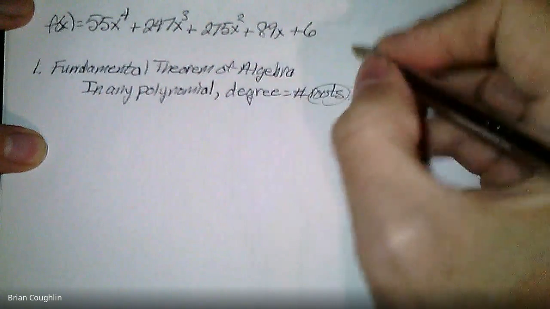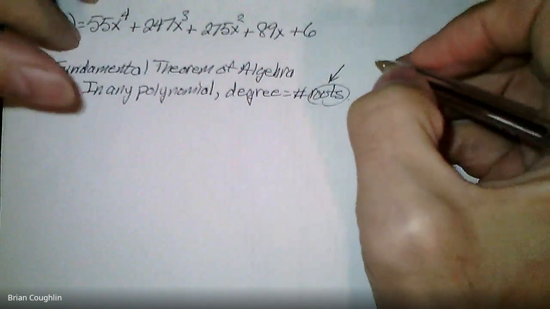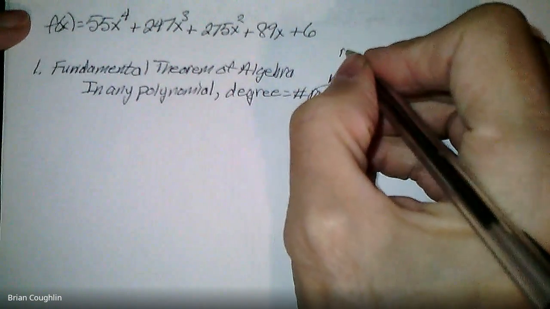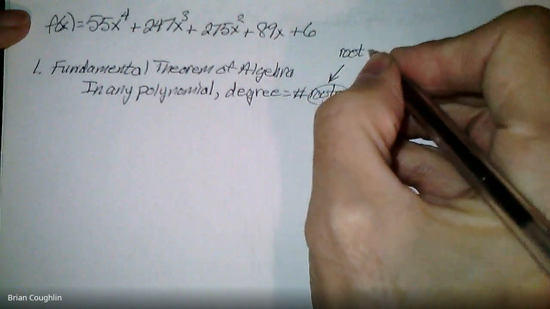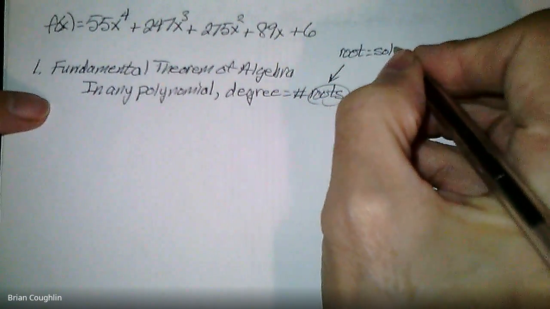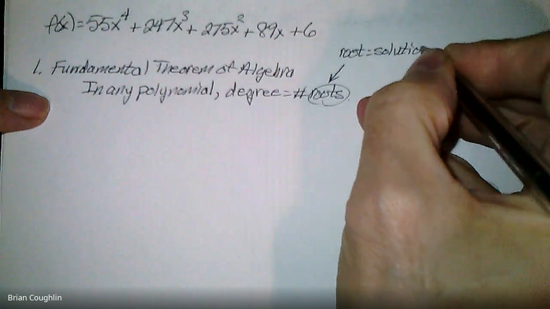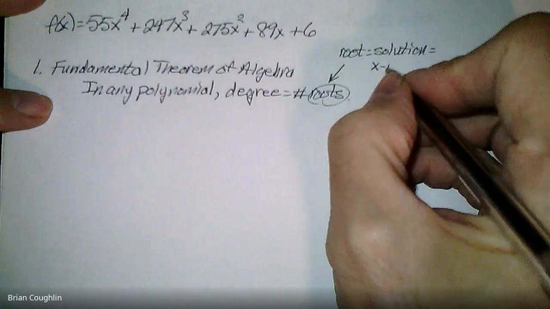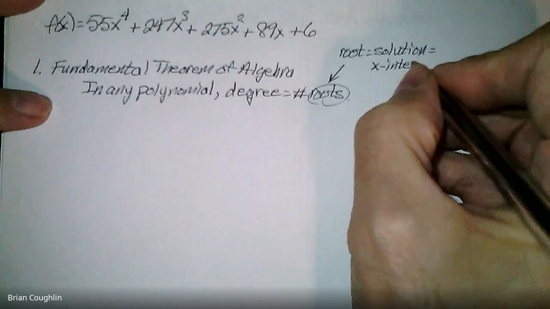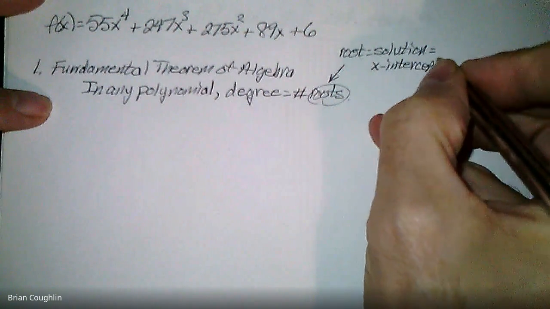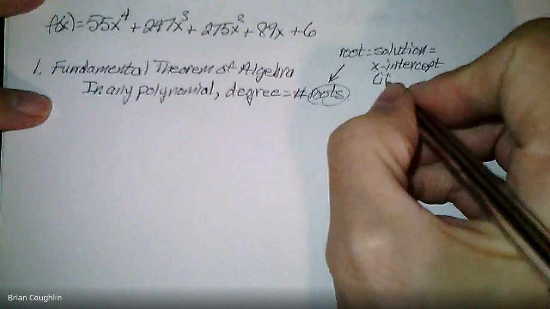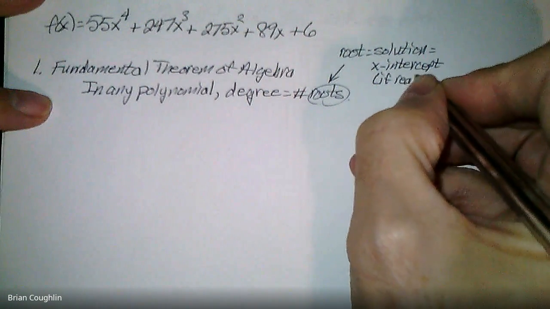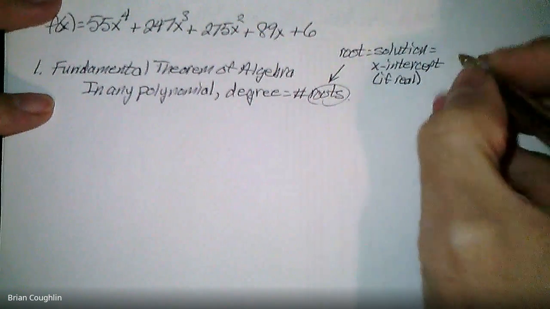And just so you're aware, the word root is a synonym for solution, which is a solution for x-intercept. If it's real. If it's not real, then there's no such thing as an x-intercept, as an imaginary spot.